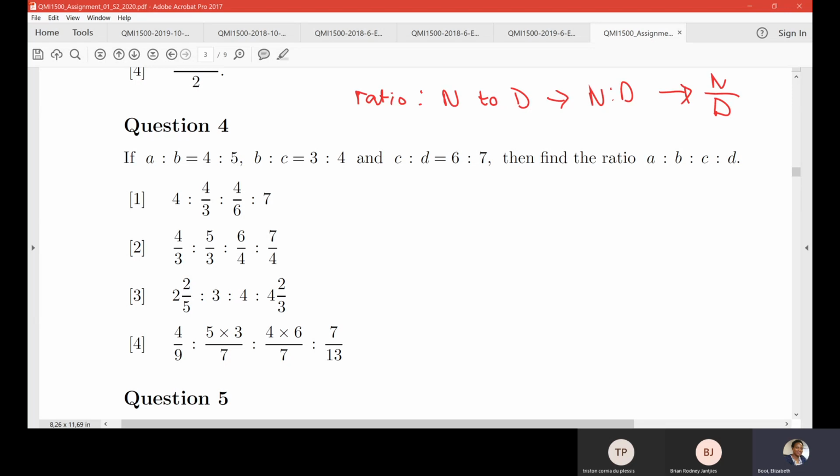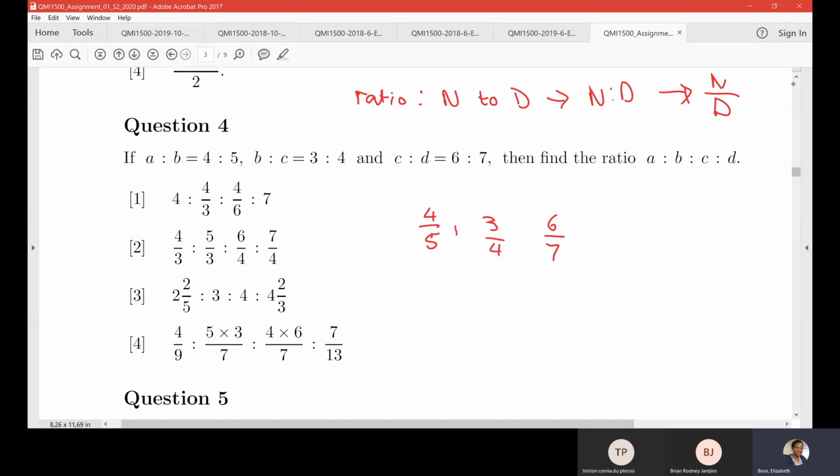So what we can do is convert all of them to fractions. For the first one, A, it's 4/5. For B, it will be 3/4. And for the last one, it will be 6/7.